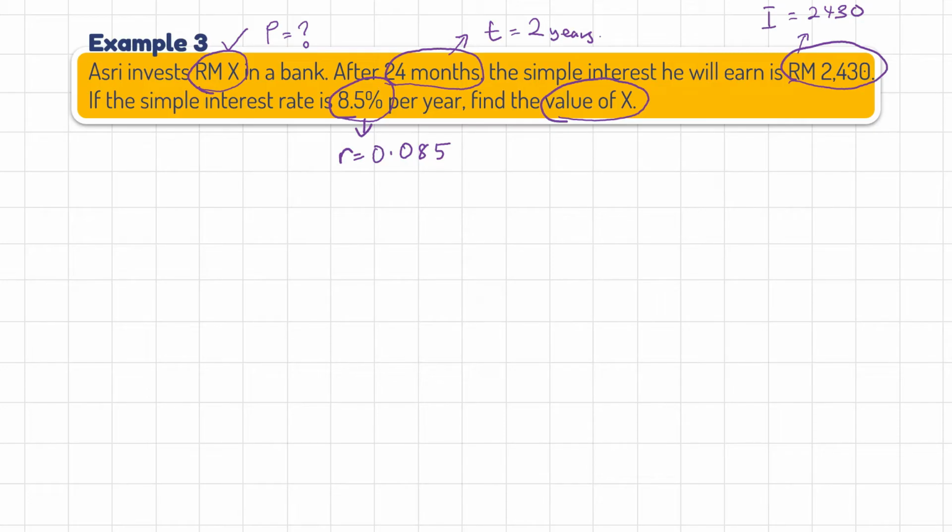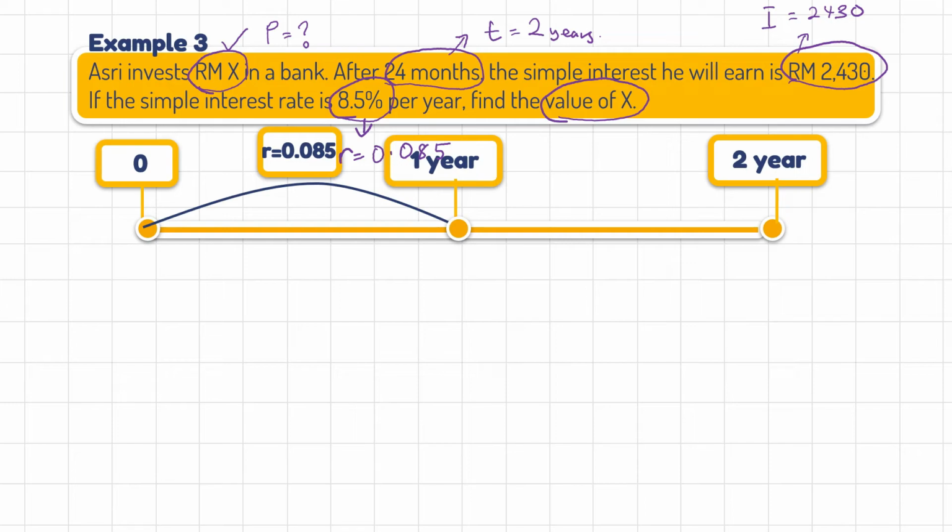So let's portray all the information on the timeline as usual. So this will be our timeline. Here we have 0, and then 1 year, then 2 years. Since the question gives you 24 months, which means in years it should be 2 years. So now let's put all the information on the timeline such that here we have P equals to X, then we have T equals to 2, R as given, which is R equals to 0.085.